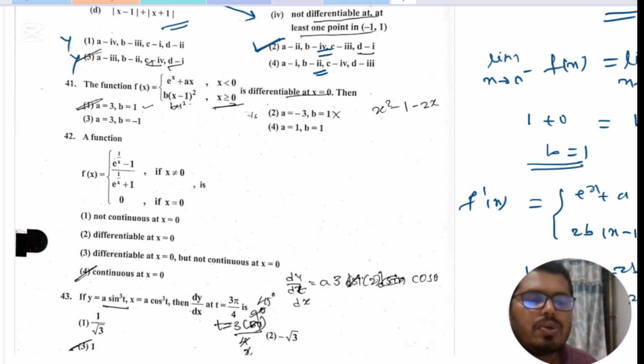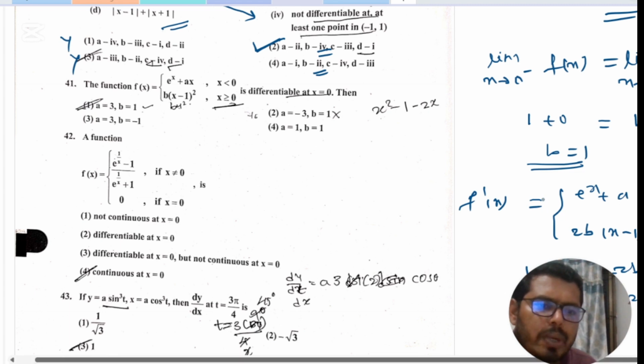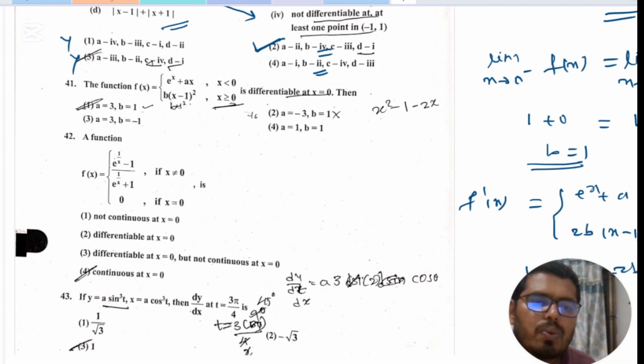b is equal to, I think it tends to 0. 2b is there. b equal to 1, let b equal to 1. Find out. Here we find b equal to 1.